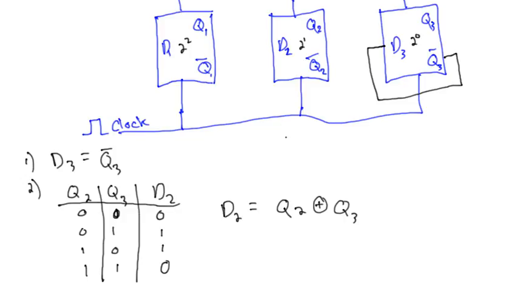It didn't leave too much room up here, so let's try putting an exclusive OR in here. In other words, I better write kind of small. The inputs to it are Q2 and Q3.